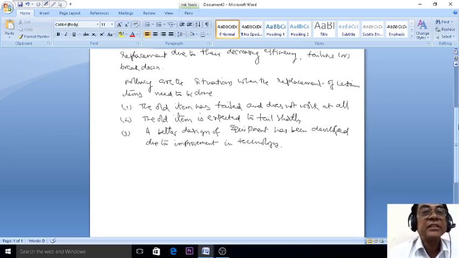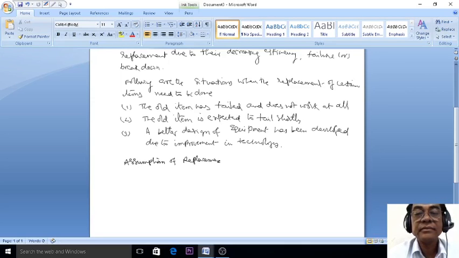The next point, which often comes in exams, is the assumptions of replacement theory.